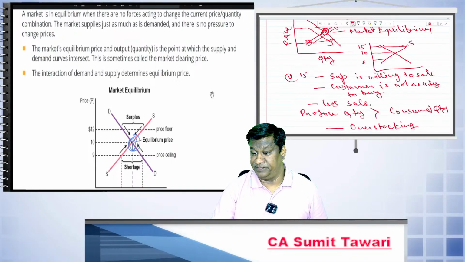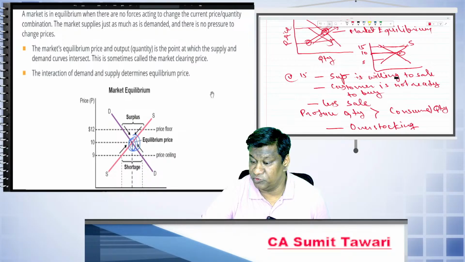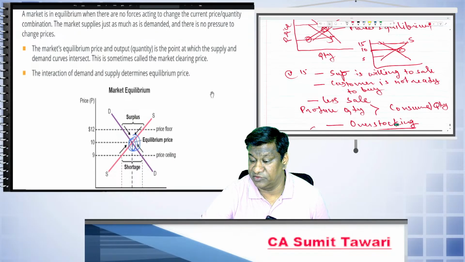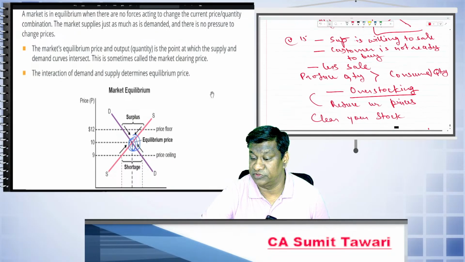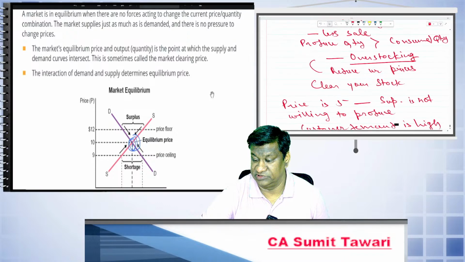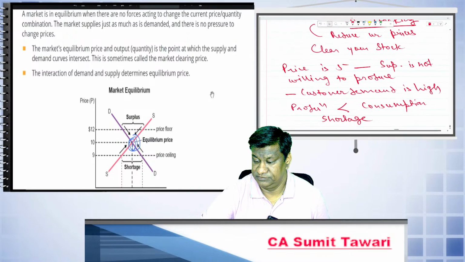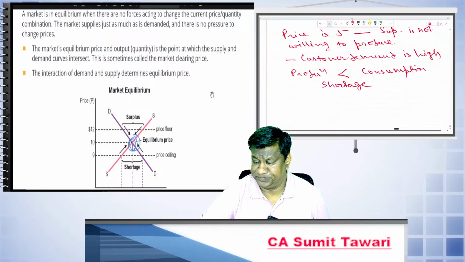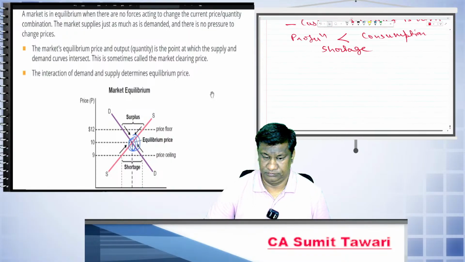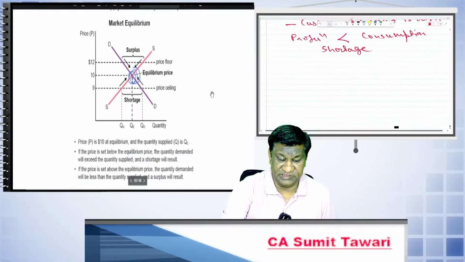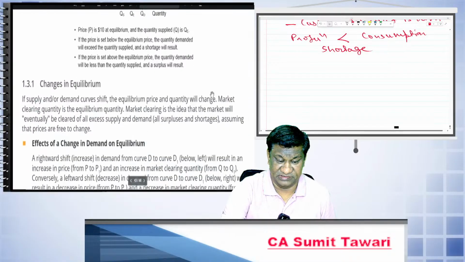At equilibrium prices, the supplier is also willing to produce and the customer is also willing to buy, so there is no question of overstocking or shortage. So that is basically the equilibrium price.